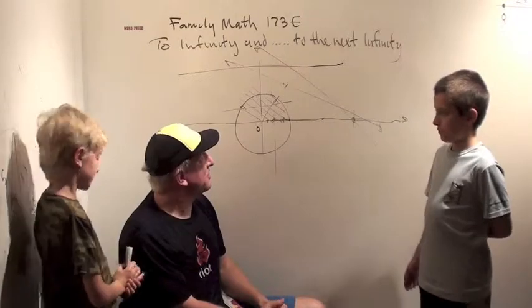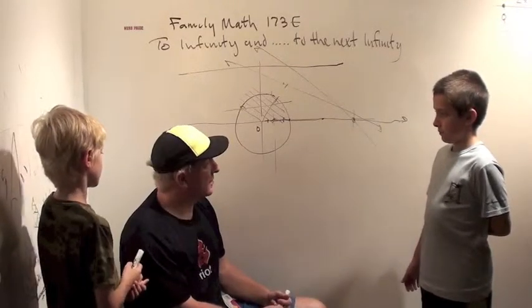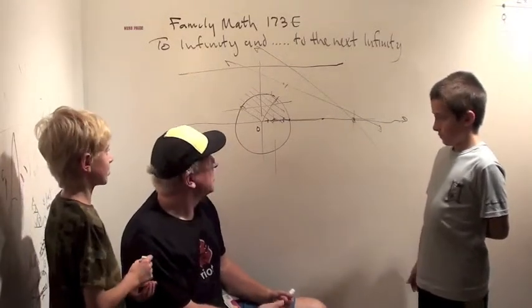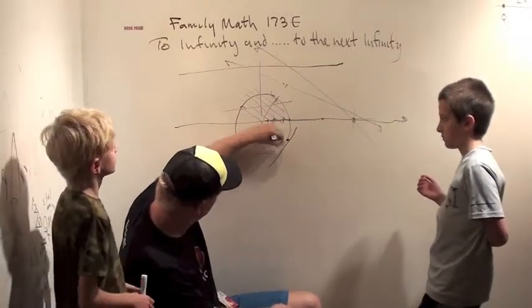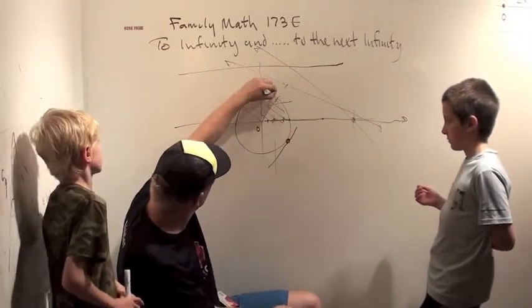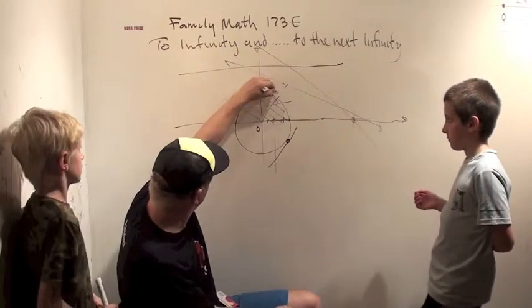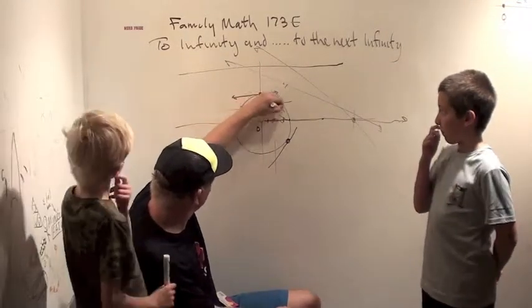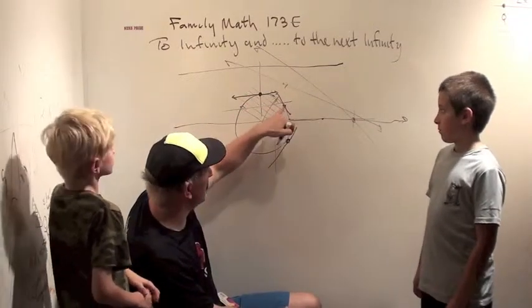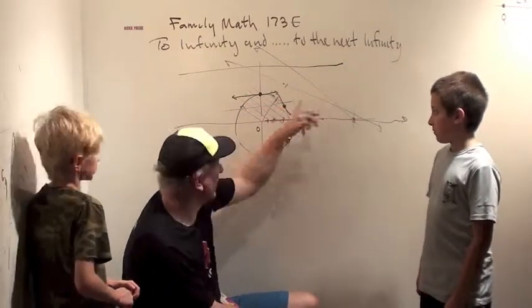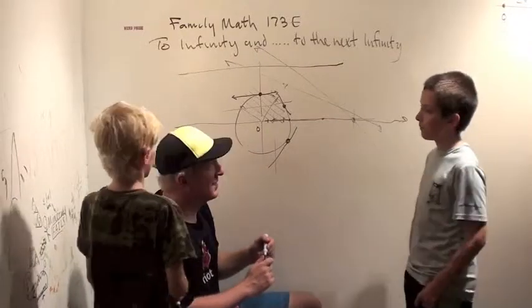Now there's another surprising thing that I don't want to get into because it's a little harder. But believe it or not, if we look at the tangent lines, there's also the same number of tangent lines as there are lines outside or inside the circle.